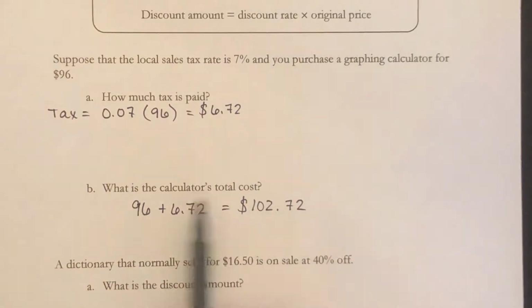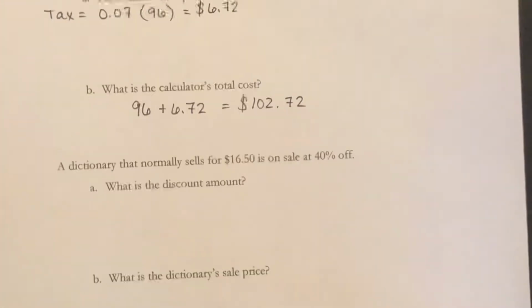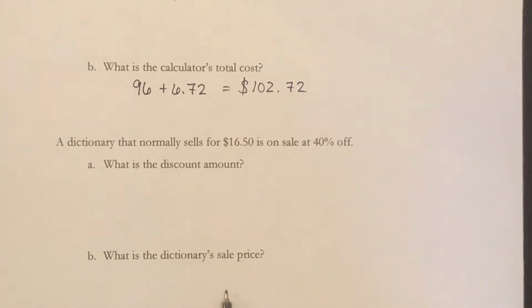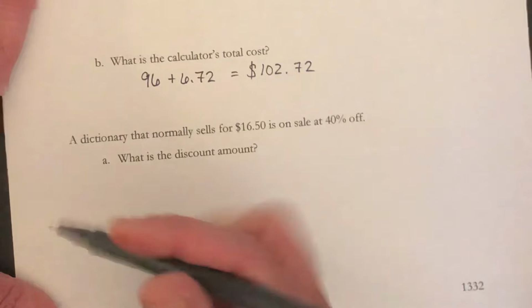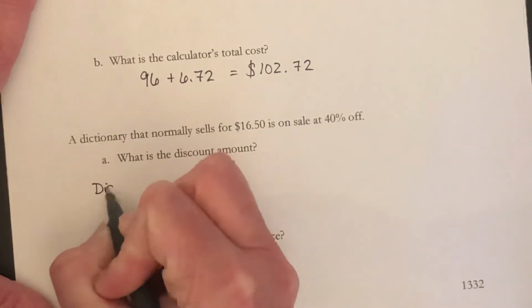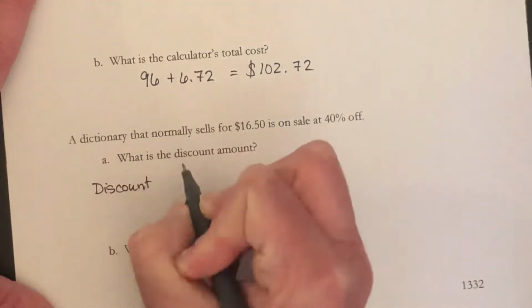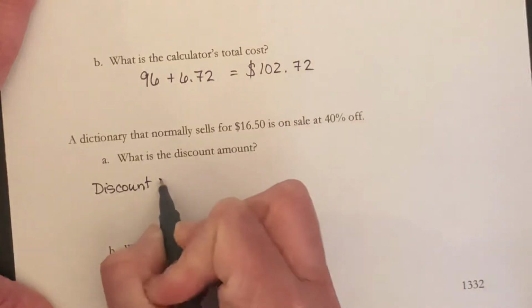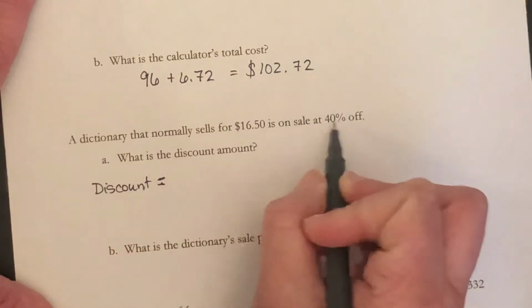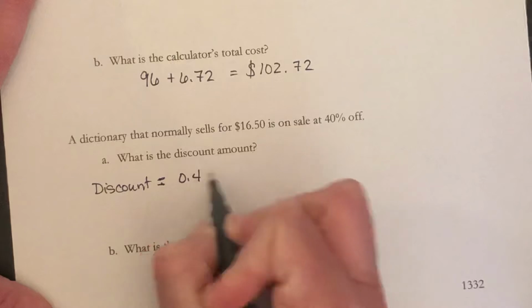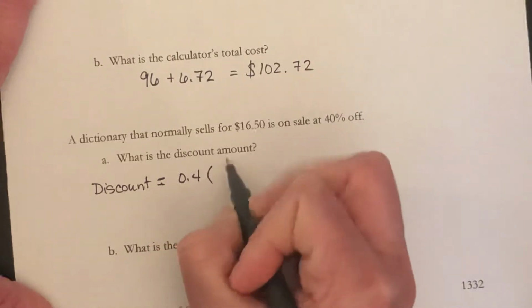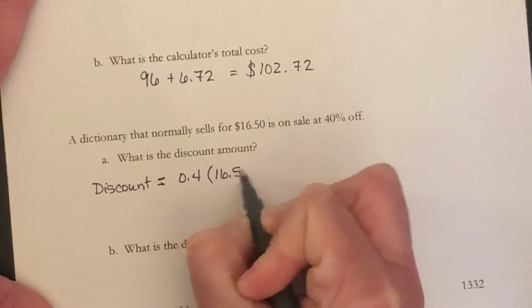Here, the sales tax is added to the original cost. Down here, we're going to subtract it away. So to find the discount amount, this is going to be equal to the rate, which is 0.4, times the cost, $16.50.